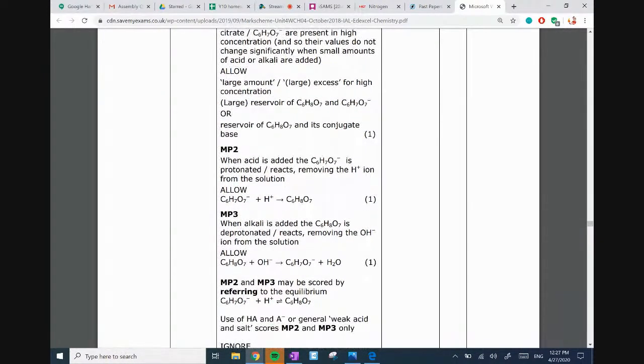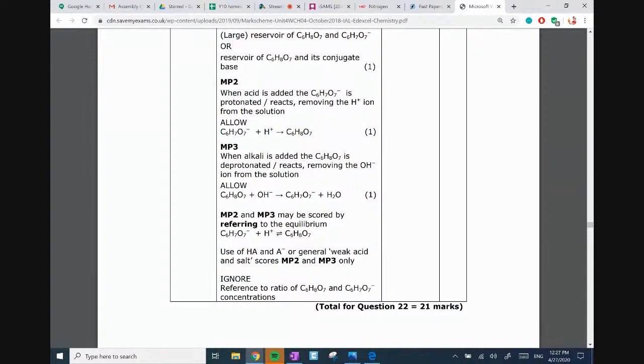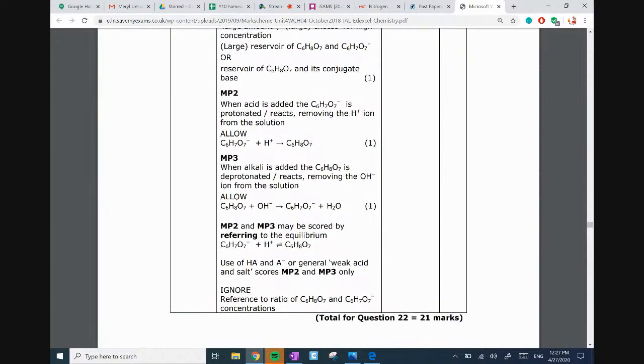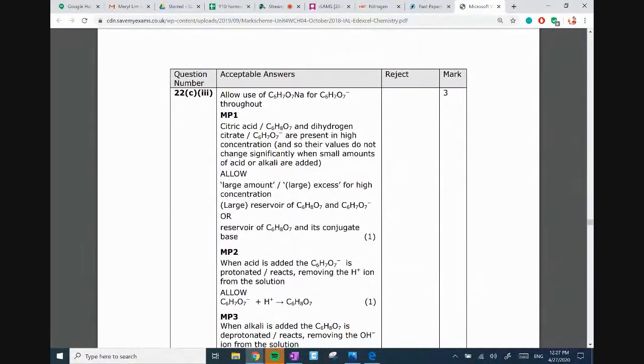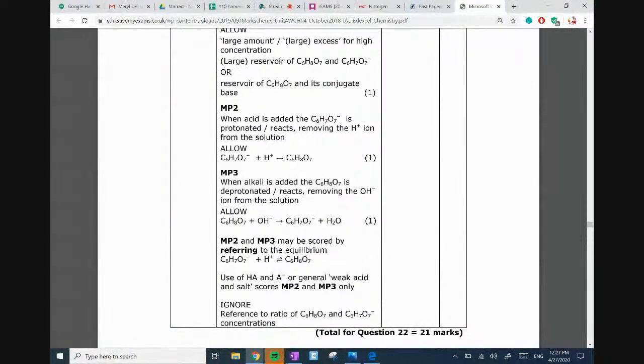When alkali is added, you have to do the alkali bit as well. Yeah, maybe M2 and 3, just give the equation. Ignore reference to ratio. Interesting. So they just want you to describe them being in a large reservoir, followed by the reaction removing it from the solution for both.